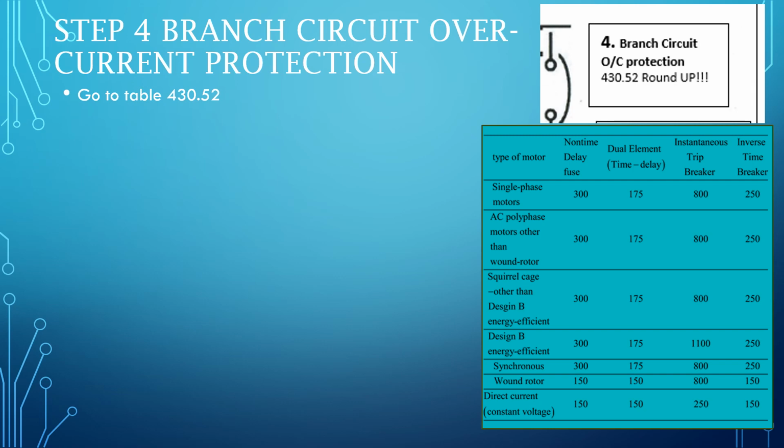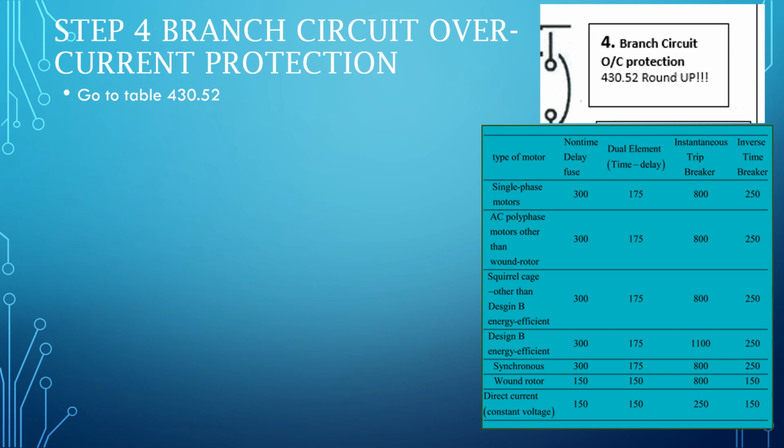If we get a dead short, if somewhere in this system I have two wires that just come in contact with one another, that is going to create basically infinite amperage immediately, and so that is still going to trip this breaker, even if it is set at 800% of the amperage that motor is drawing.